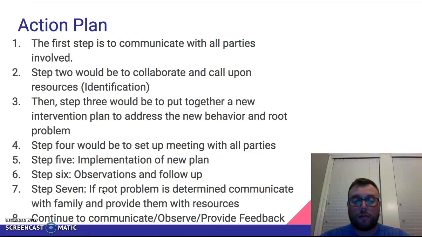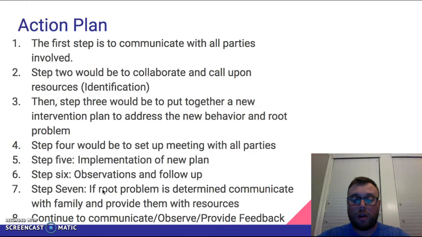And then step 5, after we have the meeting and everyone's a go, we would implement our new plan. Step 6, I would make sure to have follow-up observations, and then provide feedback where necessary, to make sure that the plan has been implemented and to determine if it's effective or not.